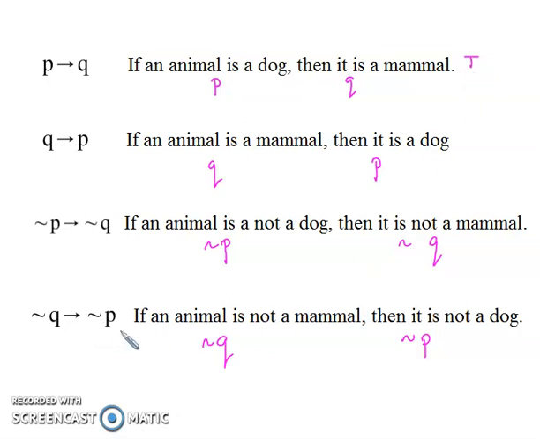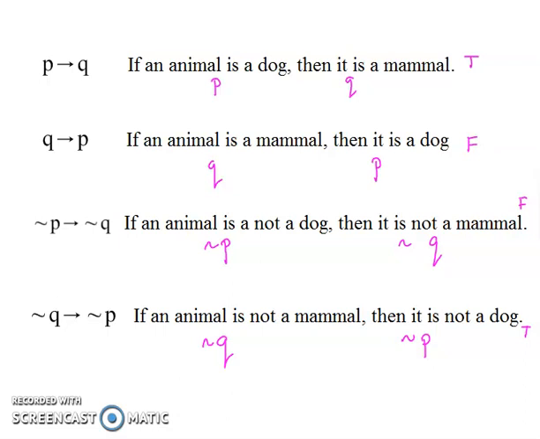So we will see the contrapositive down here also to be true. If an animal is not a mammal, then it is not a dog. And then the converse will be false. It is possible for all four statements to be true, but again, the conditional and the contrapositive will have the same truth value, and the converse and the inverse will have the same truth value.